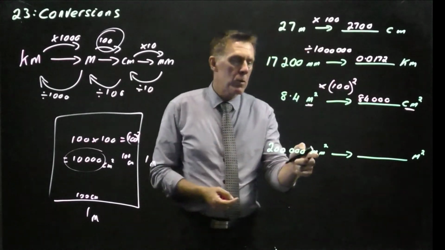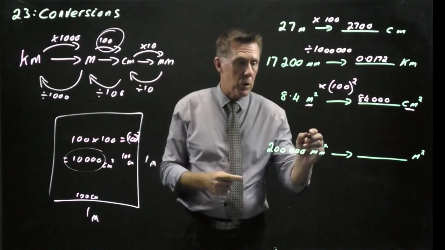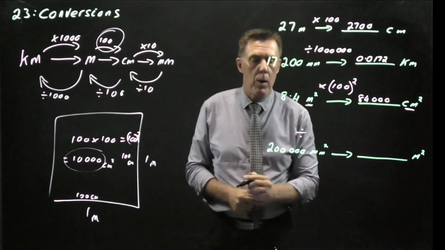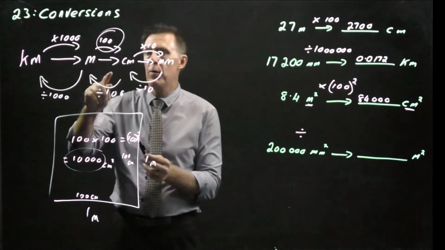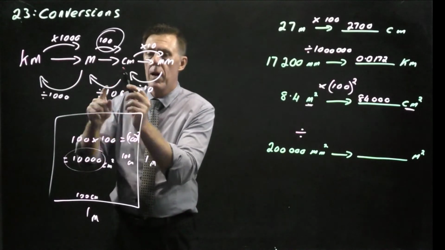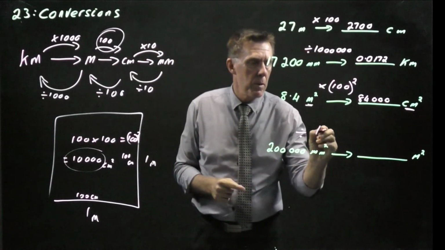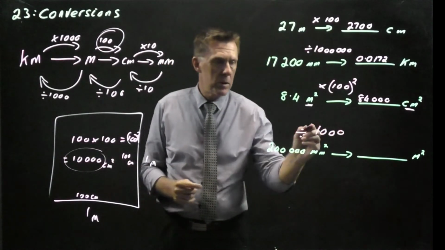Same here. It's a small unit of millimeters to a big unit of meters. The name's getting bigger, the number's got to get smaller. By how much? Well, look, millimeters to meters. Our conversion factor from millimeters to meters is 1,000, but that's the straight line distance.